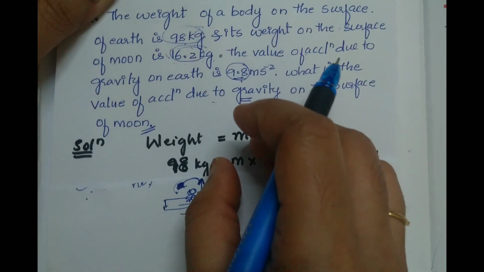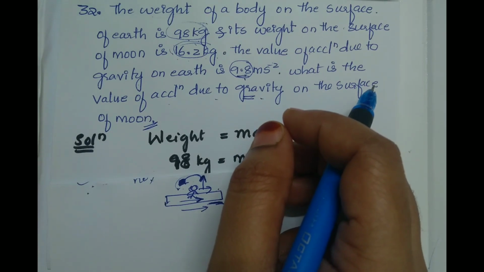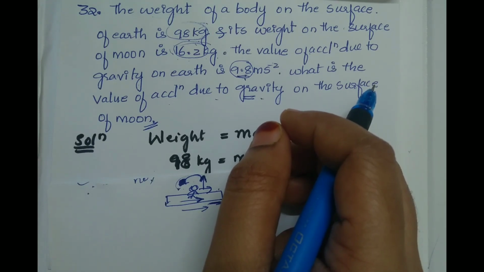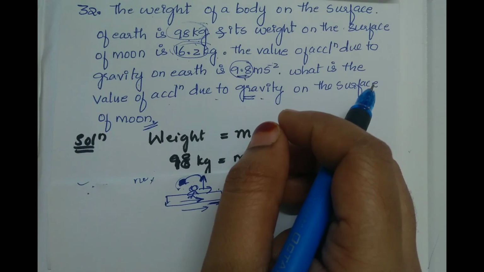To solve this question, first we have to know the difference between mass and weight. I have given one detailed video on the difference between mass and weight. You can go through it. Mass is universal. Mass is the same anywhere you go. If you are on the moon, on the earth, or in space, your mass won't change, but your weight changes.